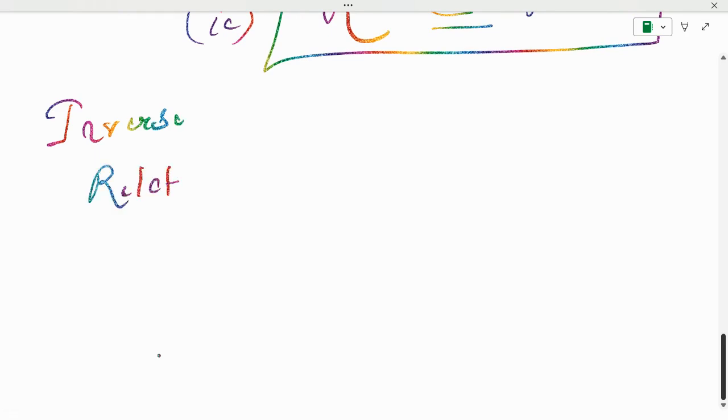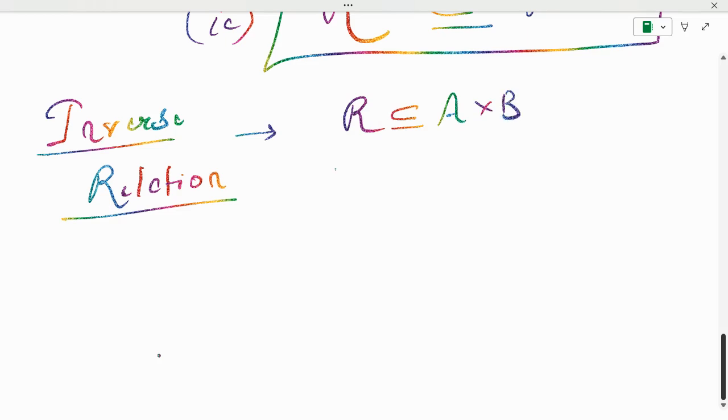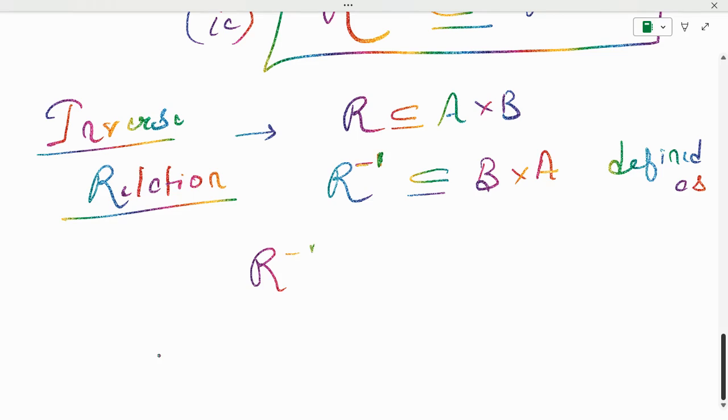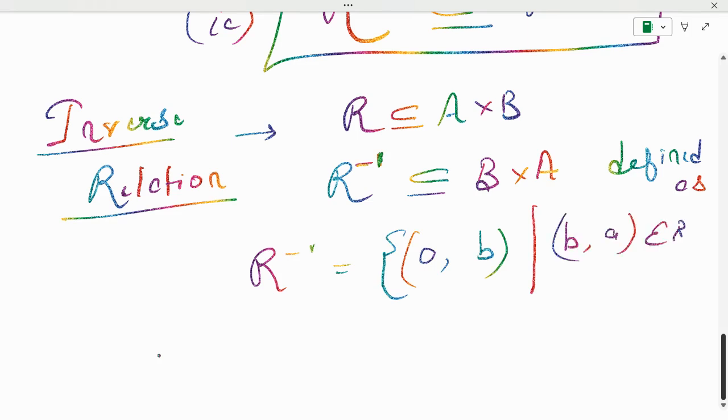It is nothing but, if R is a subset of A cross B, then R inverse, that is the inverse of relation R, is defined as a subset of B cross A, and it is defined as R inverse equals AB, such that BA belongs to R. So if BA belongs to R, then R inverse is AB, right? So we are just reversing the order of the ordered pair.